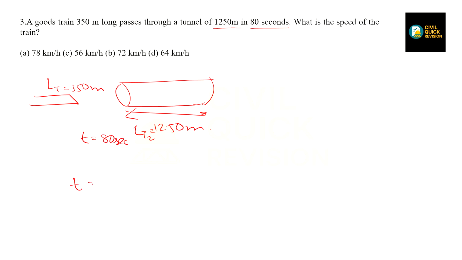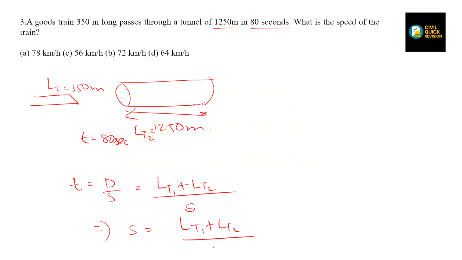As you all know, time is equal to distance by speed. Distance is L T1 plus L T2, the length of the train and the tunnel, and we want the speed. So we can write: speed is equal to L T1 plus L T2 divided by time, which is 80 seconds. Here the length of the train is 350 plus the length of the tunnel is 1250, by 80.